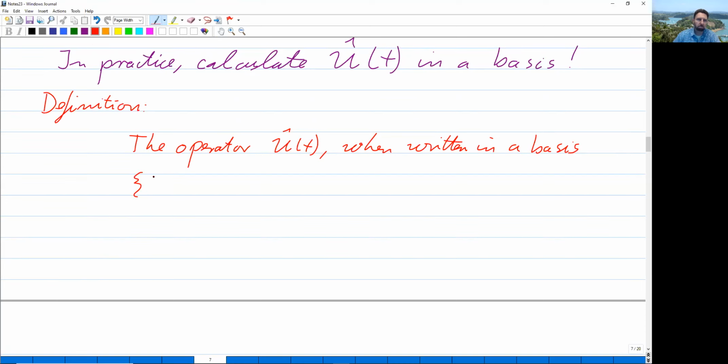Let's call it the Lambda basis, where the lambda are taken from some index set capital Lambda. And the index set might be continuous, but it could also be discrete, and it could also be mixed, as usual.